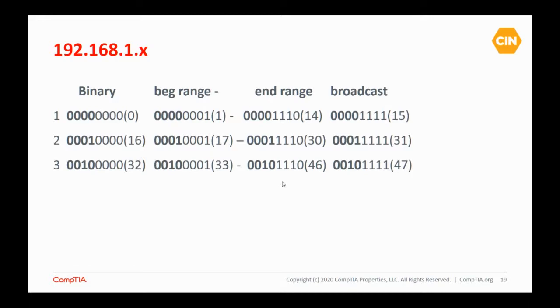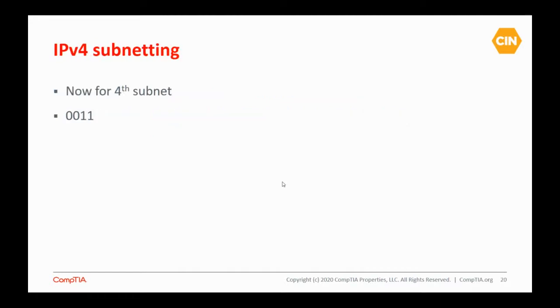So we've got 0010 and all zeros in the host portion, so that's 32. We put a 1 in the host portion for the first host address, which would be 33. And then the highest one would be all 1s minus 1 in the host portion, so 00101110, which is a 46. And in the broadcast, it's all 1s in the host portion, and the network has stayed constant all the way across the line.